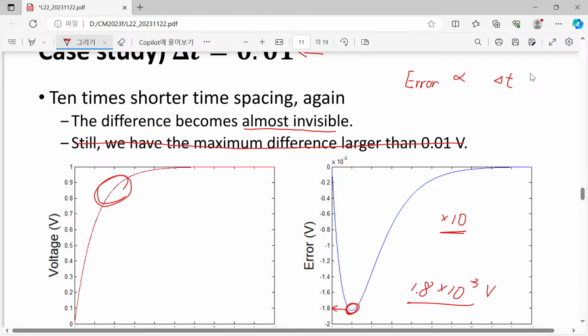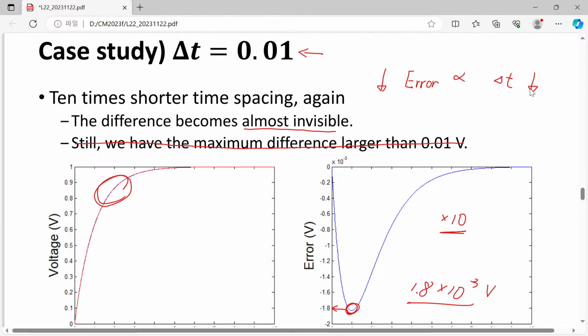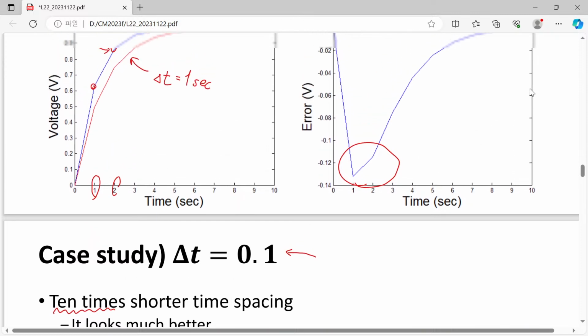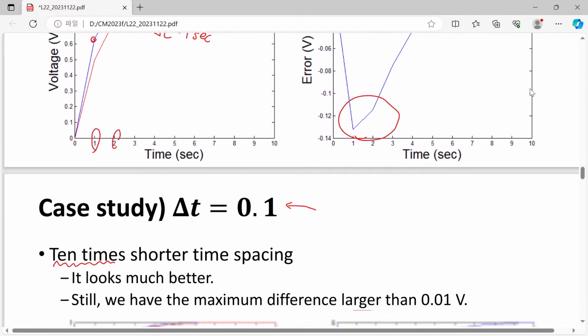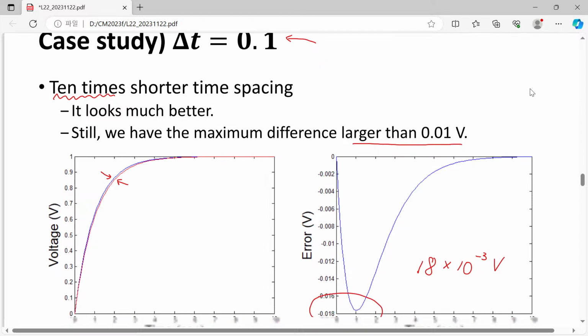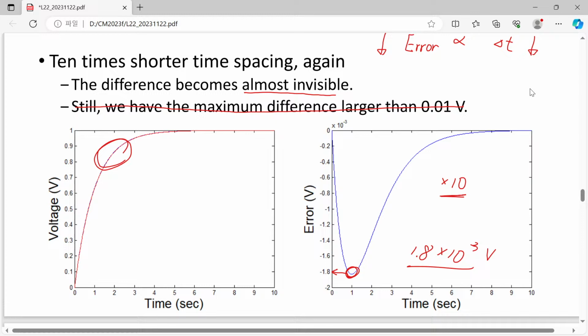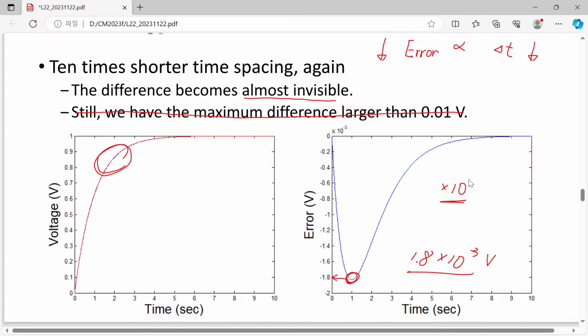If you shorten your time difference 10 times, then you expect that the error is reduced linearly by this discretization scheme for time difference, because we are assuming the piecewise linear behavior of our curves. Okay, so now you can try once again.